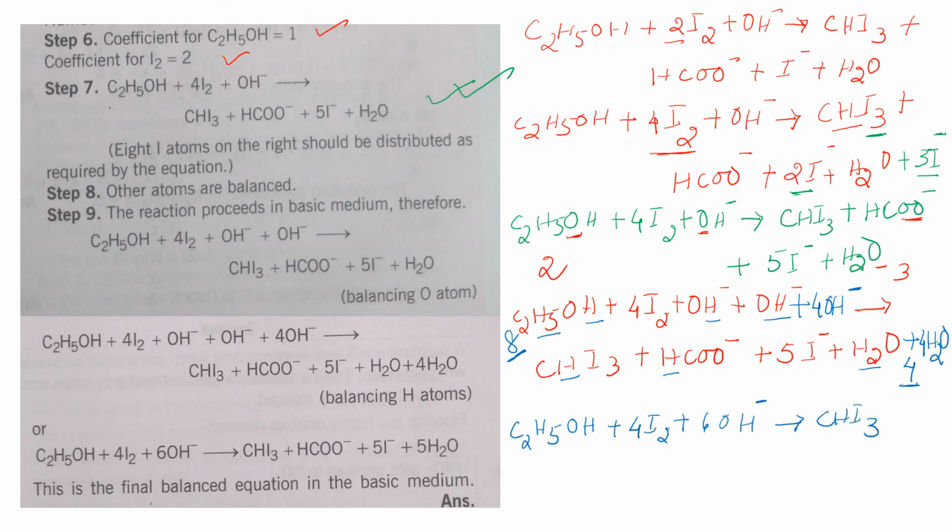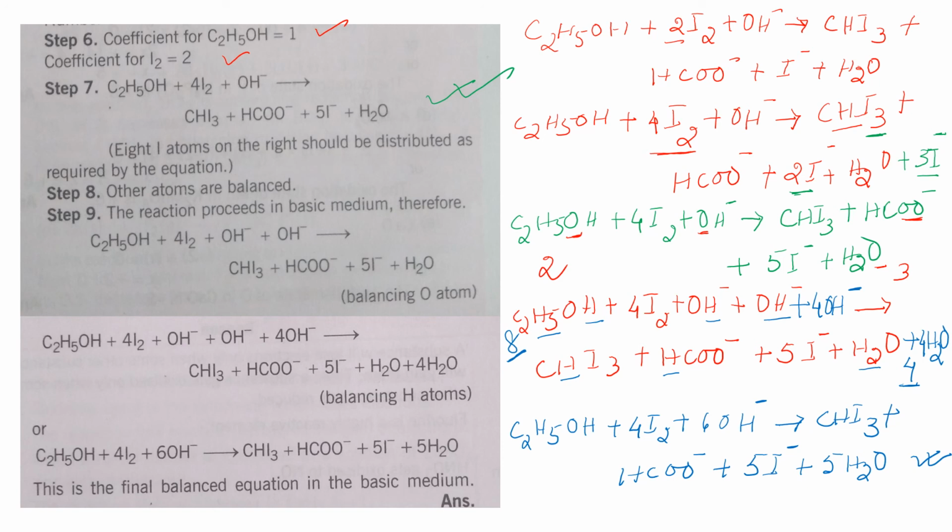CHI3 plus HCOO minus plus 5I minus and 4H2O and 1H2O is 5H2O. This is my final equation. Now you check, you will get everything is balanced here. See, this is my final equation.